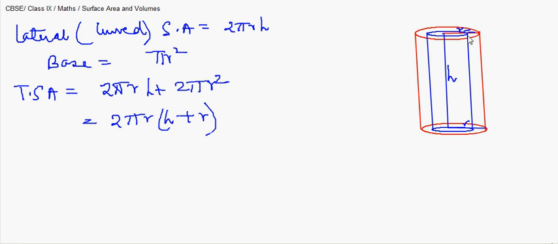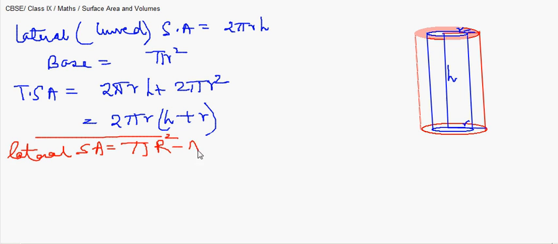This whole pink portion will be calculated as, I'll just write down here. Let's make R. This is the lateral surface area when it is a hollow cylinder. So thereby pi R square minus pi small r square.